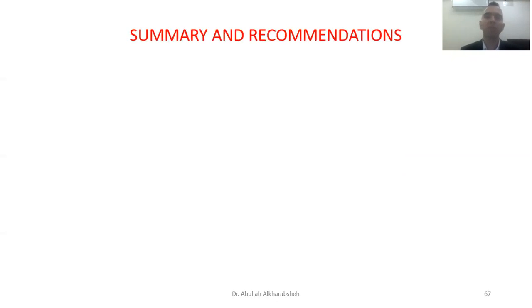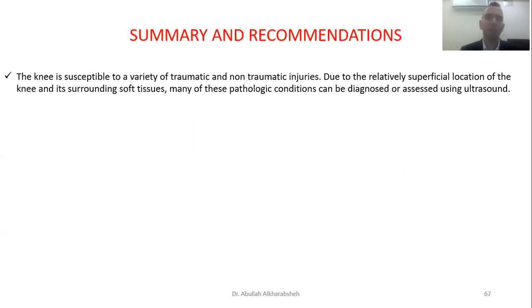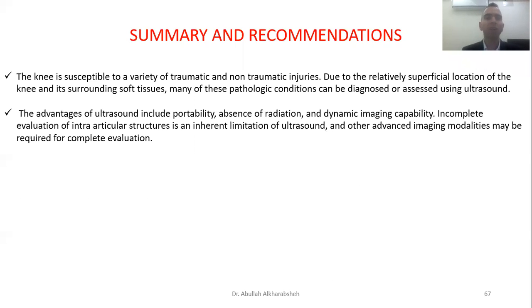So in summary for today's lecture, the knee is susceptible to a variety of traumatic and non-traumatic injuries due to the relatively superficial location of the knee and its surrounding soft tissue. Many of these pathologic conditions can be diagnosed or assessed using ultrasound. The advantages of ultrasound include portability, absence of radiation, and dynamic imaging capability.